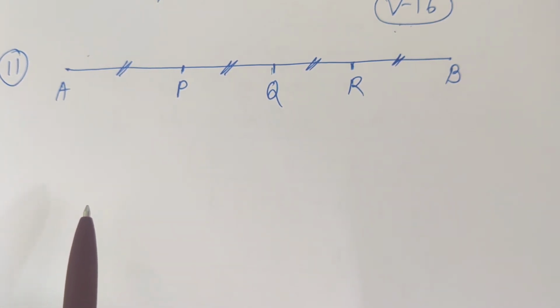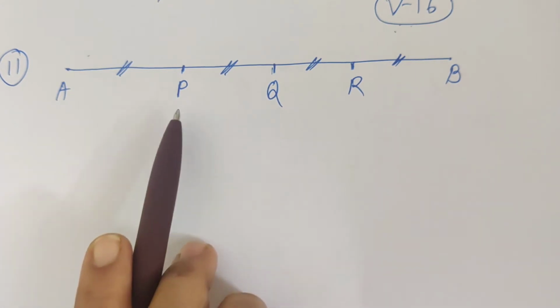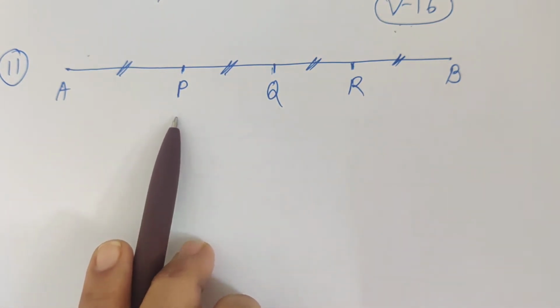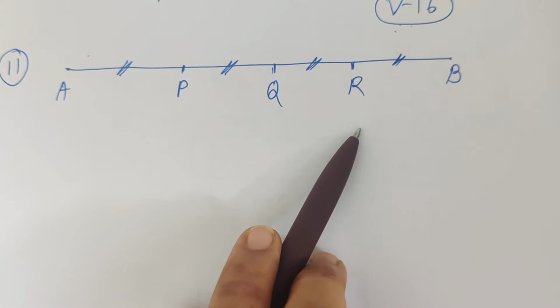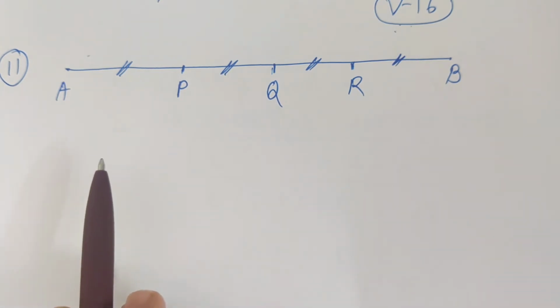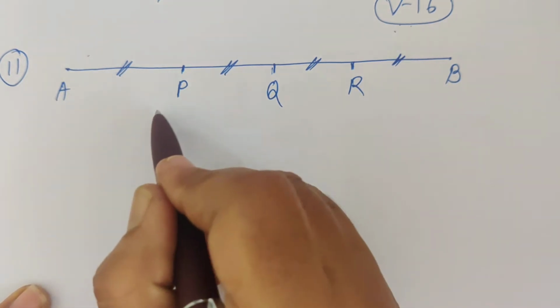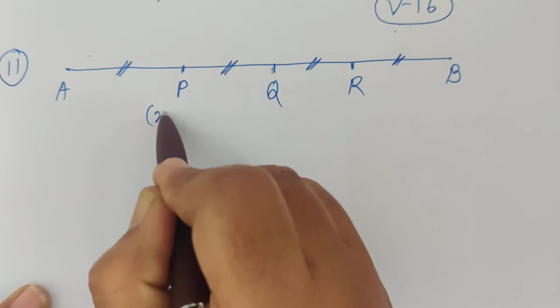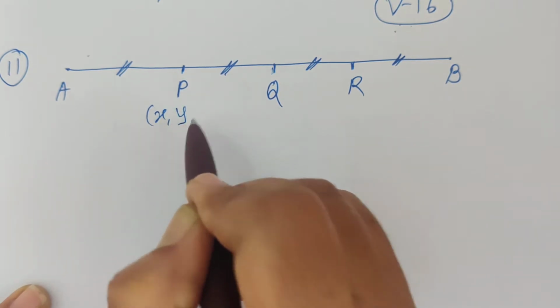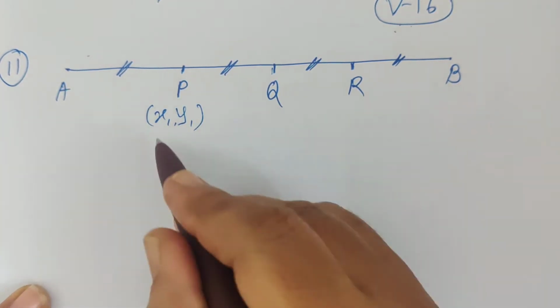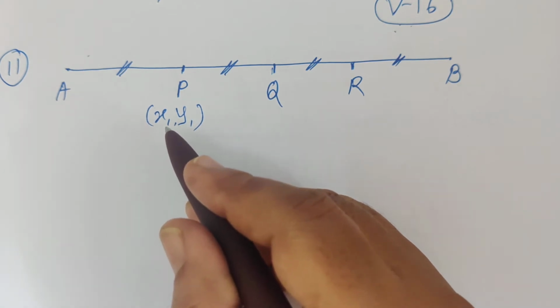Here we have to find the coordinates of the points P, Q and R. We don't know the coordinates of points P, Q, R. So suppose P's coordinates are (x1, y1). Besides x1, y1, you can use any other letters.